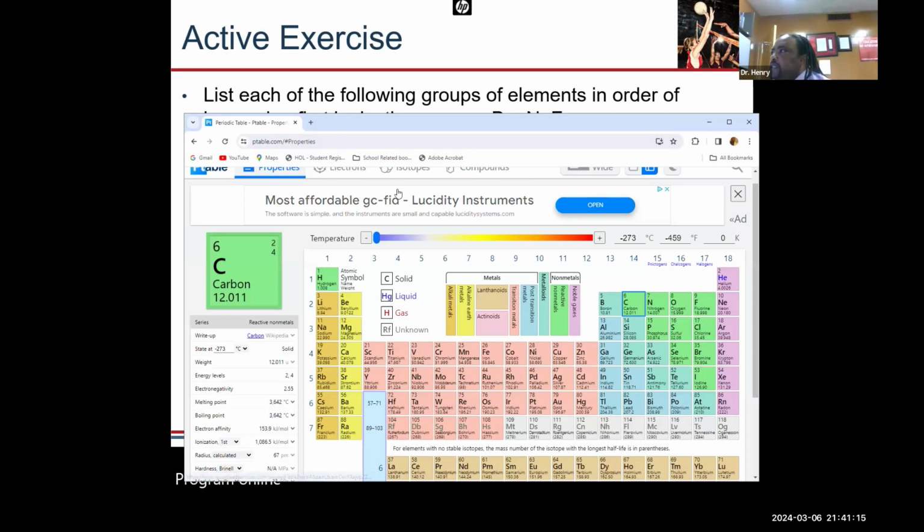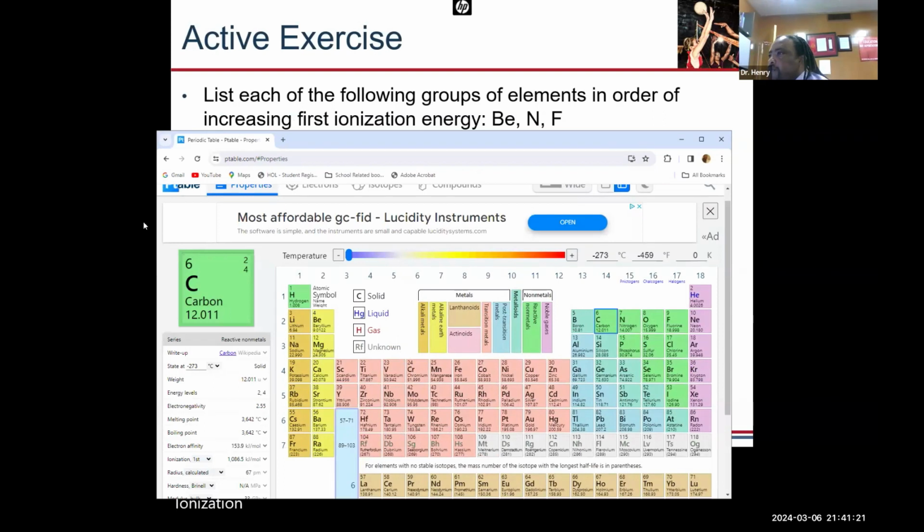Yeah, so we're going from the smallest to biggest. Oh yes, ionization energy. Left and right. Okay. So let's first identify. So here's beryllium, here's nitrogen, and here's fluorine.